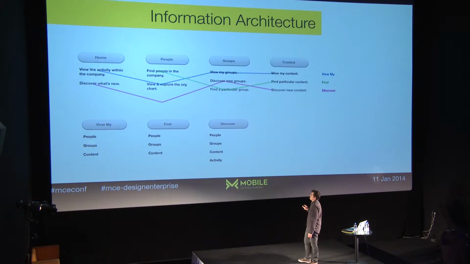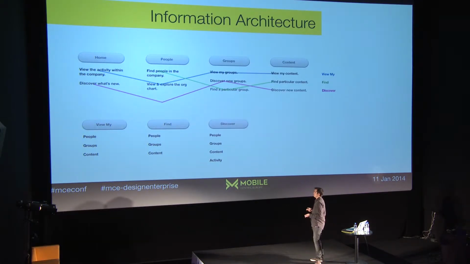You have the people view, for finding people within the company, viewing and exploring the org chart, discovering your coworkers. Then we have the groups view, where you can become a member of a group. We want people to discover new groups to engage them in the community. And if I need to find help or expertise in a particular area in this large organization, I want to be able to find particular groups.